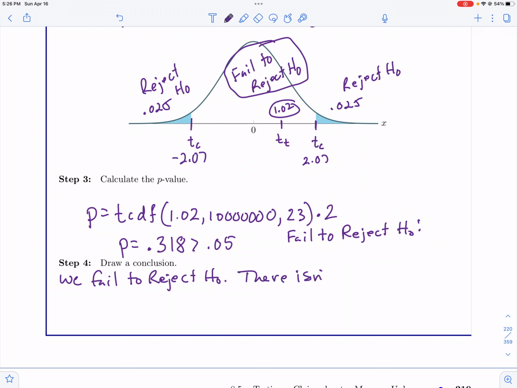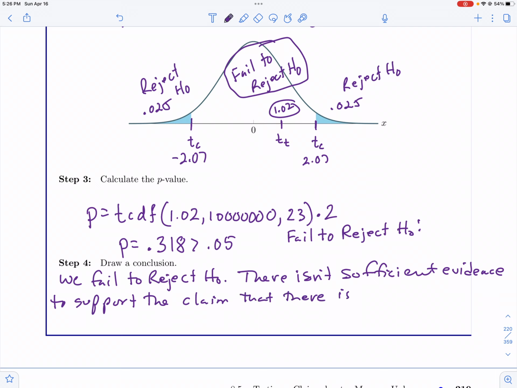There isn't sufficient evidence to support the claim that there is a difference between orange and brown M&Ms.